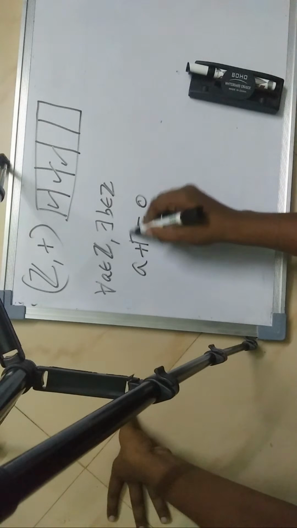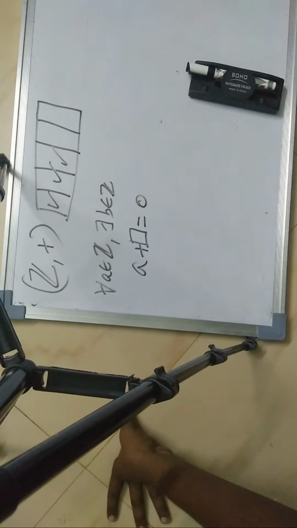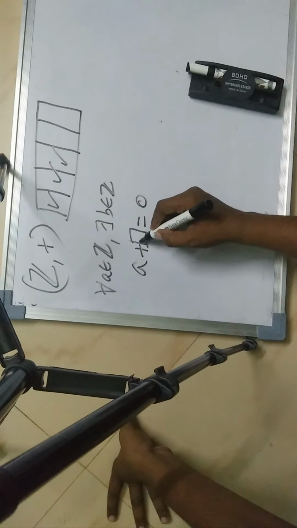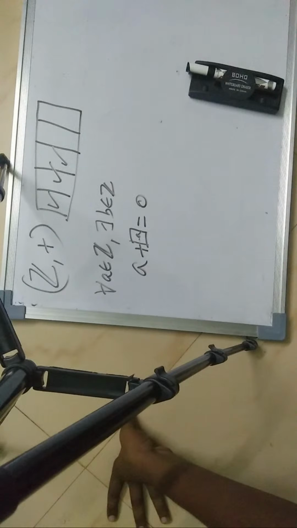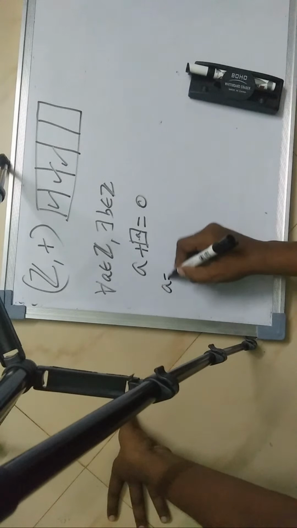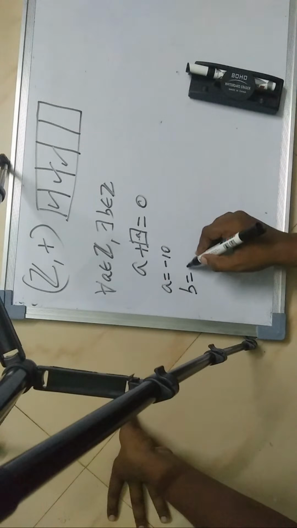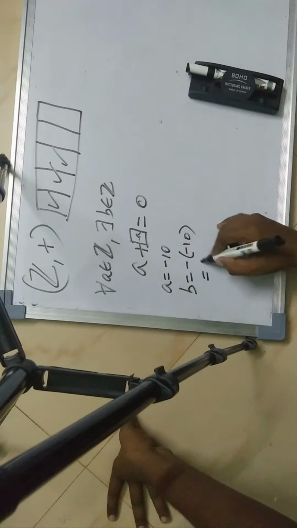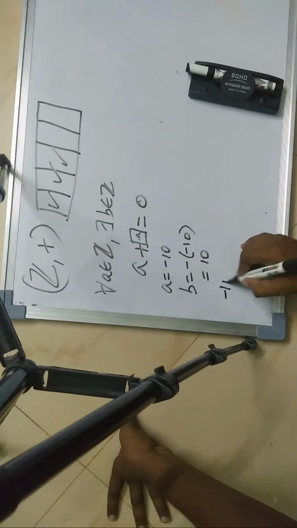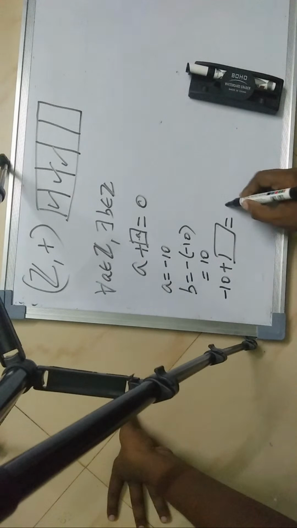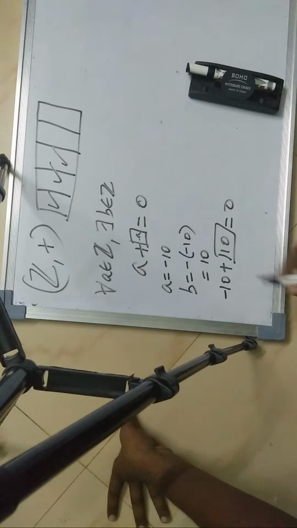Obviously, given any a, minus a, when you add a with minus a, we are going to get 0, and that minus a belongs to Z. So for example, if a is minus 10, you can choose b to be minus of minus 10, which is nothing but plus 10. So minus 10 plus 10.